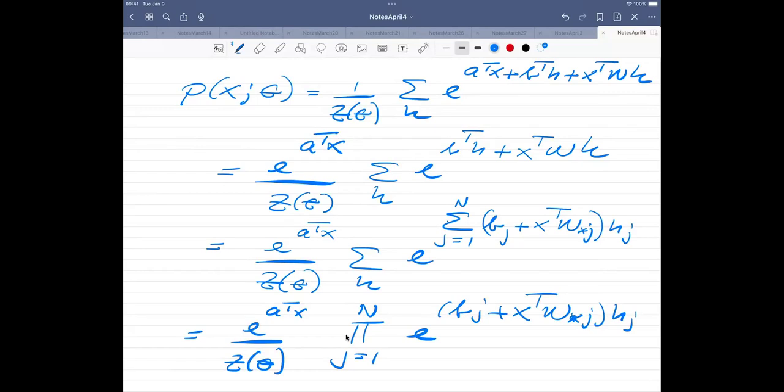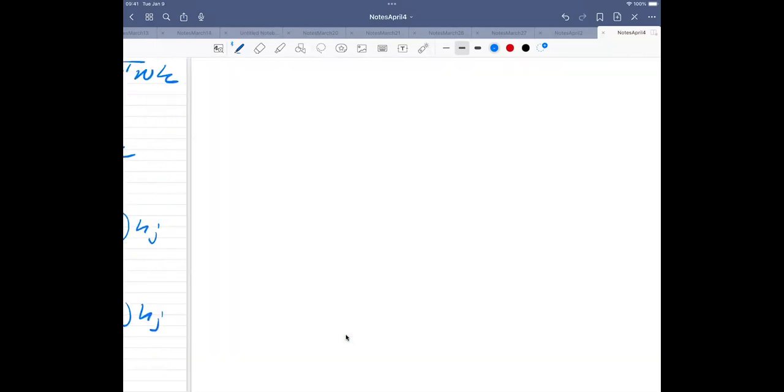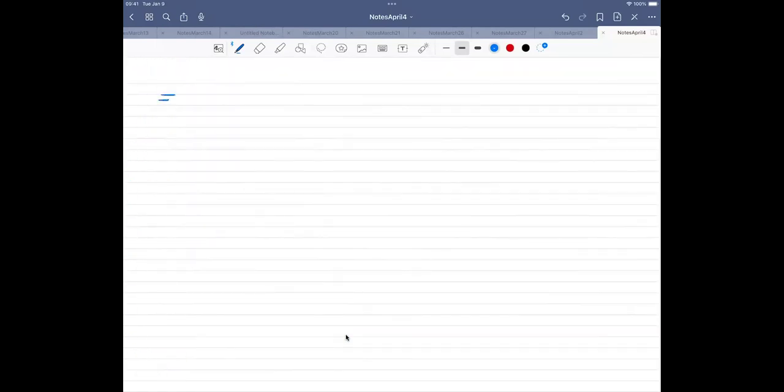So let's just do that. This is going to be equal to 1 over z of theta multiplied with e of a transpose x. And now I can single out the different hidden nodes. So I have an h of 1, which is either 0 or 1.